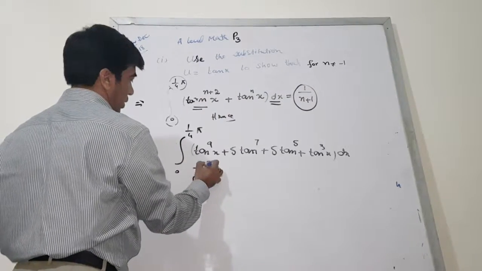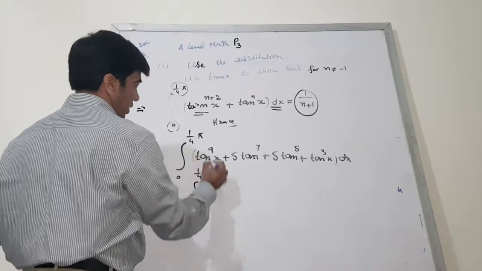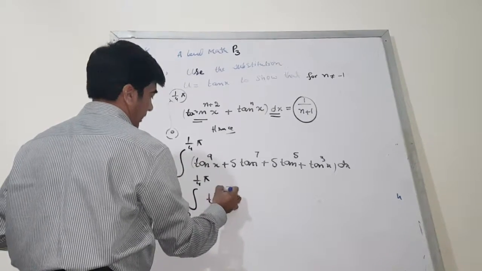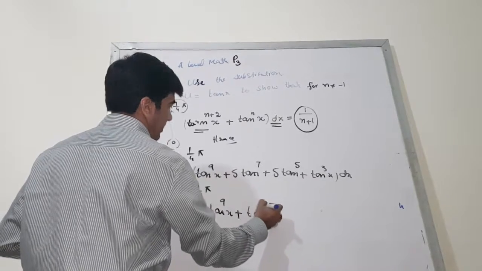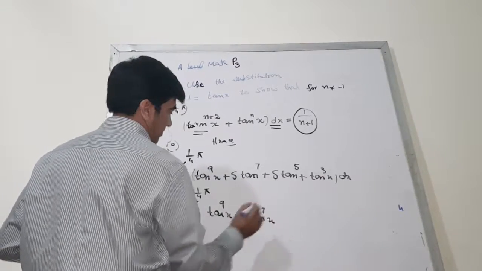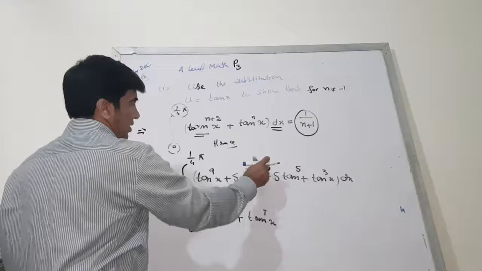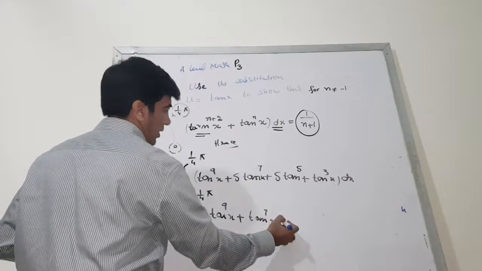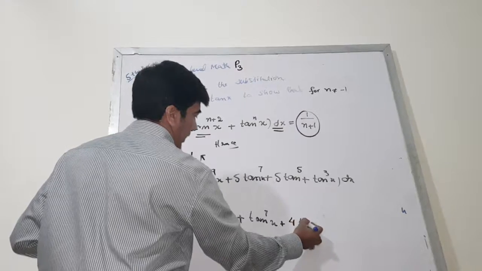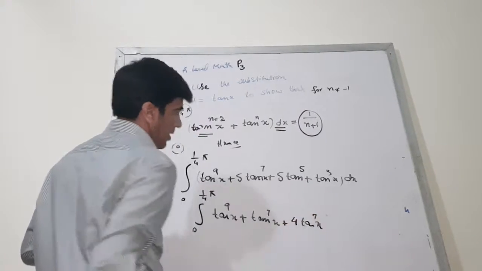How do I do it? Look, if I write tan 9x and then I write tan 7x, but tan 7x is already there. So instead of 5 tan 7x, I can write 4 tan 7x.